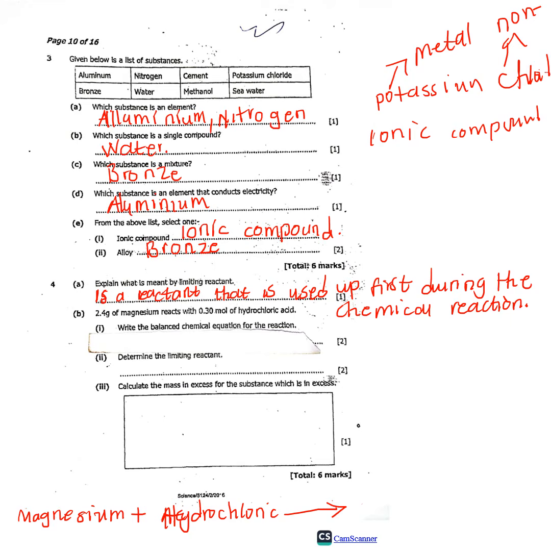We are going to get a salt. A salt is an ionic compound that consists of a metal and a non-metal from the acid, so magnesium chloride, plus hydrogen gas. That's the pattern when a metal reacts with an acid: salt and hydrogen must be produced.